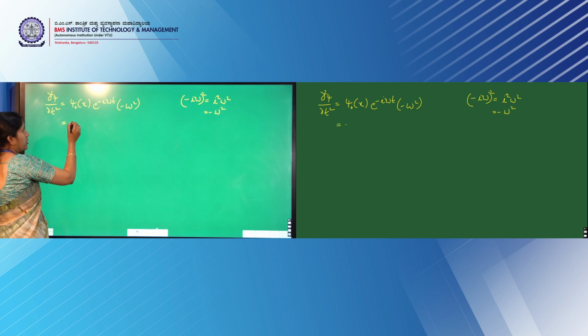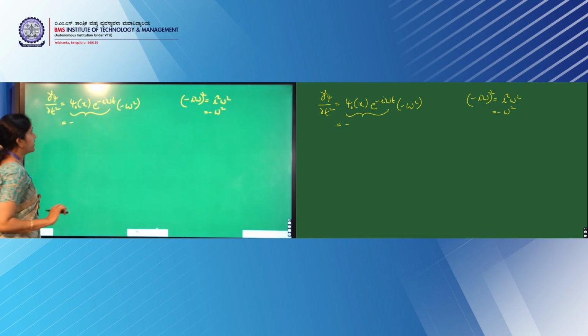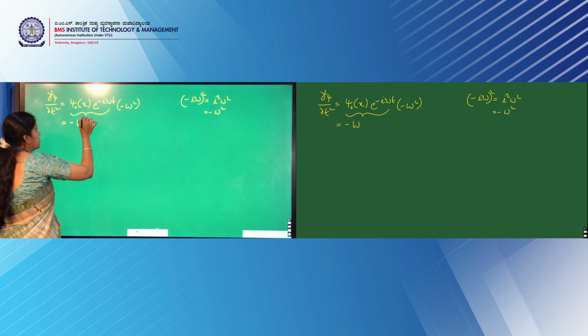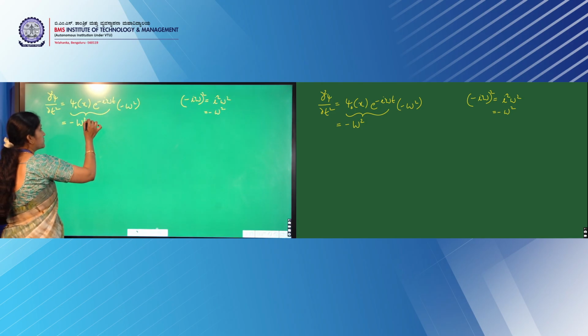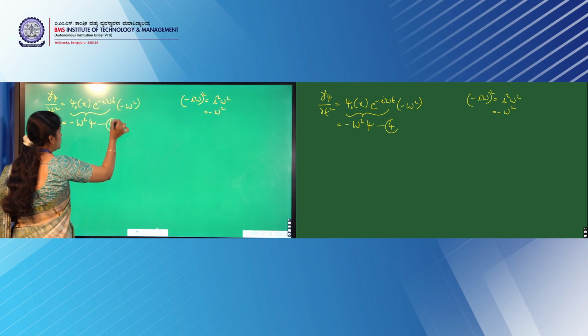Now we get the value of this psi naught of x e power minus i omega t, which can be considered as psi itself. So we write here the value as minus omega square of psi, which can be called as equation 4.